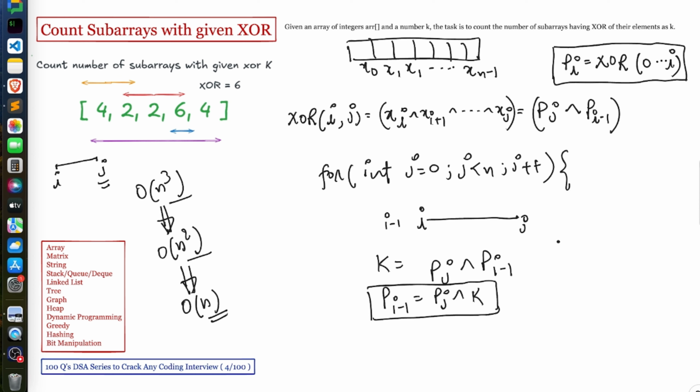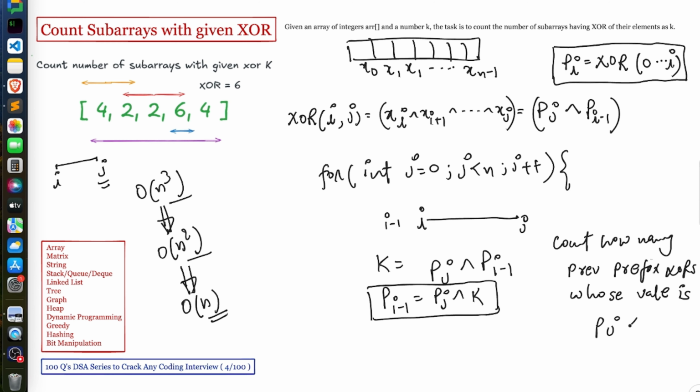So here the idea is to count how many previous prefix XORs are there whose value is pj XOR k. So yeah, I hope you understand.